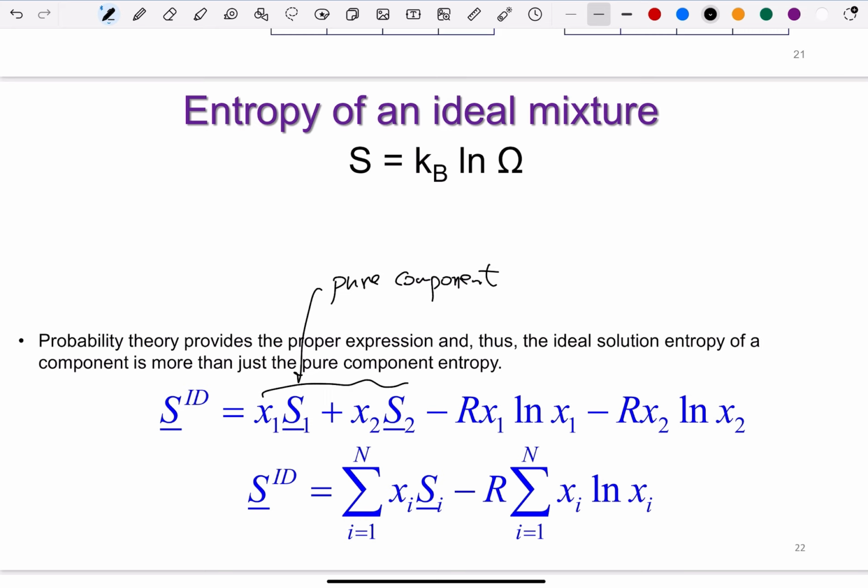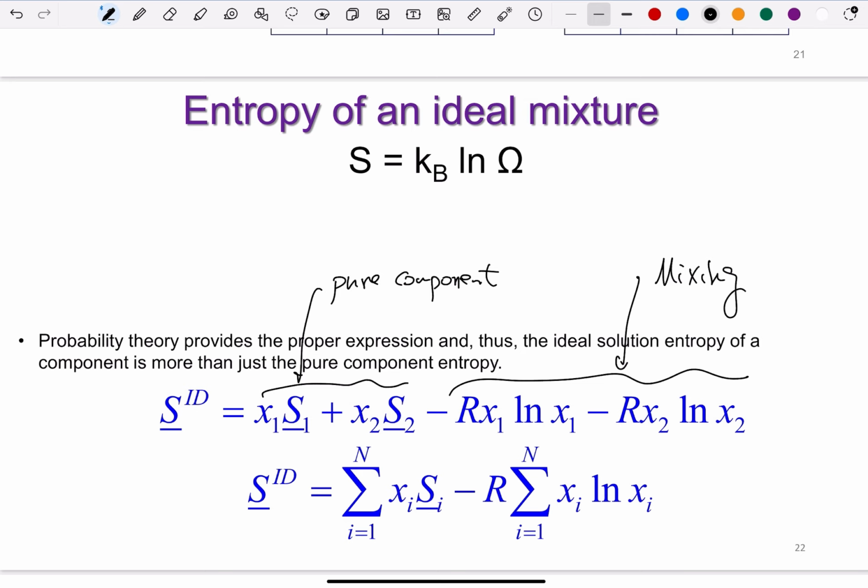Those logarithmic parts, you can think about that we had ln of omega, so that basically emerges here. So this part comes from mixing: R times x1 ln x1 minus R times x2 ln x2. Okay, so that's a very important equation here.